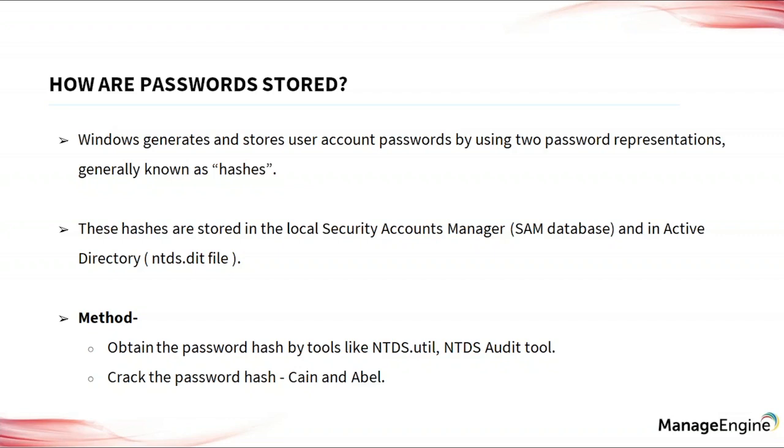So how do attackers obtain these hashes? The methods used for obtaining these hashes are actually pretty simple. They obtain the password hashes using tools that are given by Microsoft, for example, NTDSUtil, NTDS audit tool, or third-party tools like Mimikatz. And once the hash is obtained, they can crack the hashes. There are online tools that can be used to crack password hashes because they check the hash and run it against multiple dictionaries.